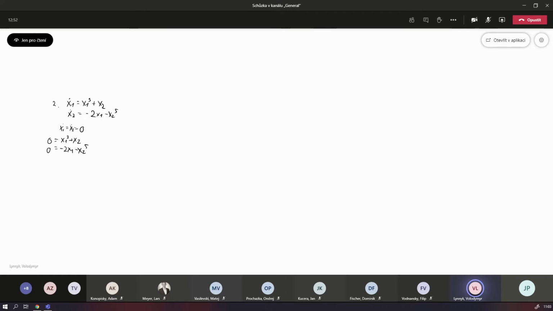Then we can see that when x2 equals 0, then x1 equals 0. Okay, the first equilibrium point is 0, 0.